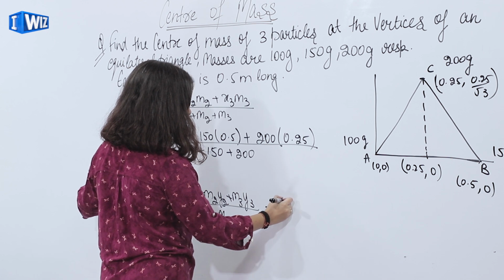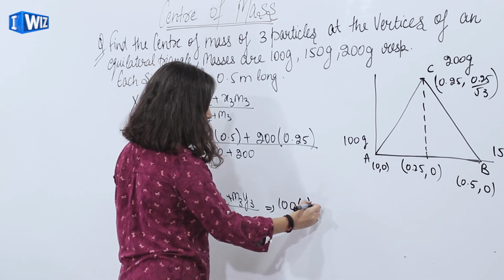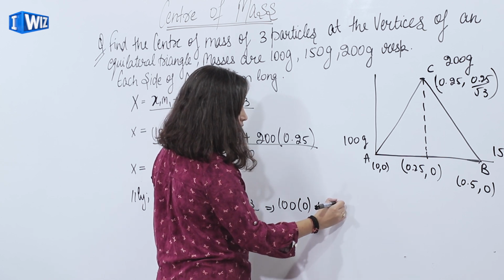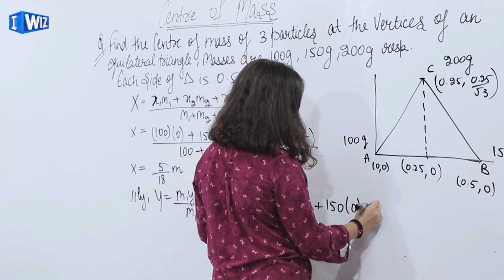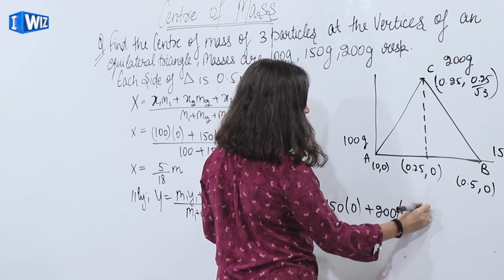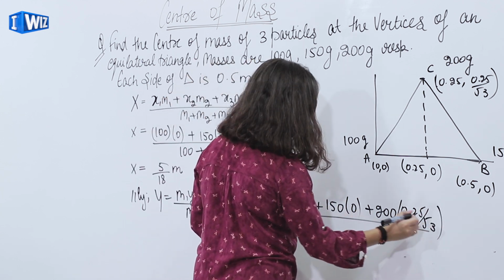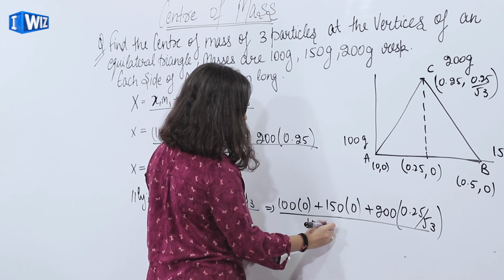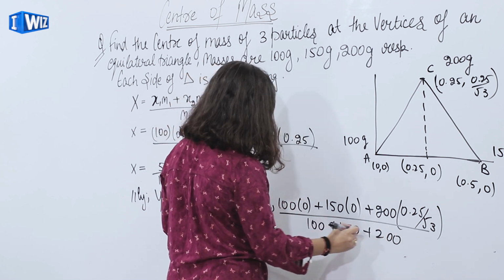So m1 is mass 100, y coordinate is 0, next mass is 150, y coordinate is again 0, plus 200, y coordinate is 0.25 root 3, divided by total mass 100 plus 150 plus 200.